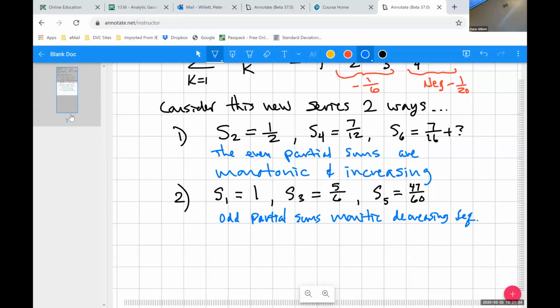So the values are all trapped between a 1 and a 1/2.